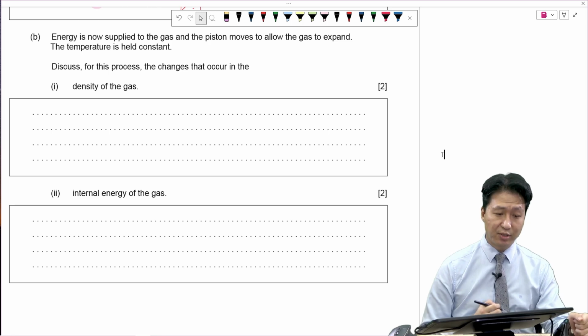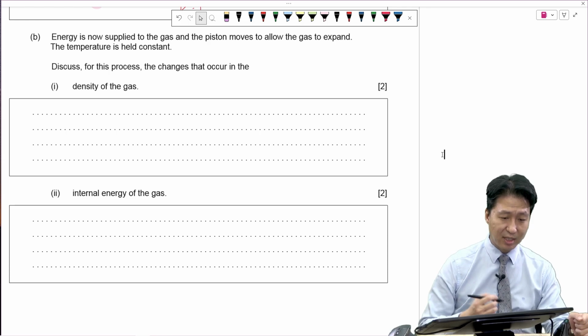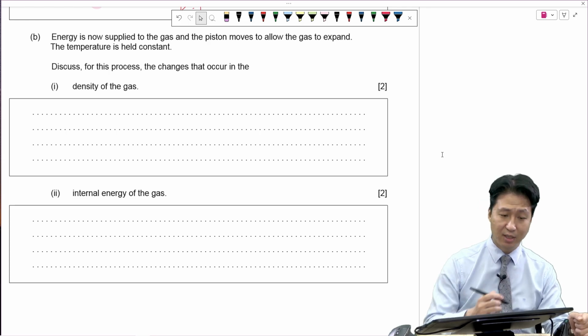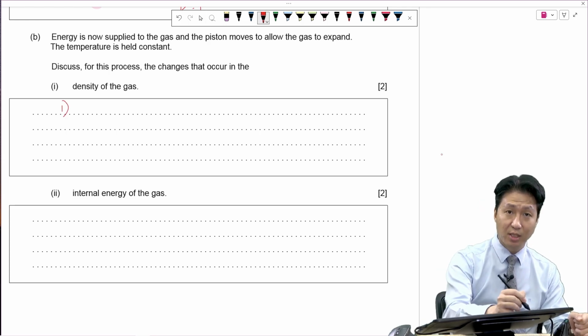In part B of this question, energy is now supplied to the gas and the piston moves to allow the gas to expand. The temperature is held constant. Discuss for this process the changes that occur in number one, the density of the gas. So, number one, the volume increases.